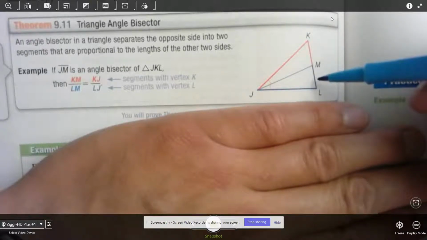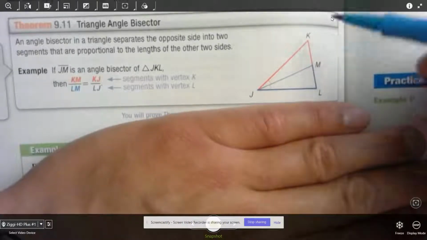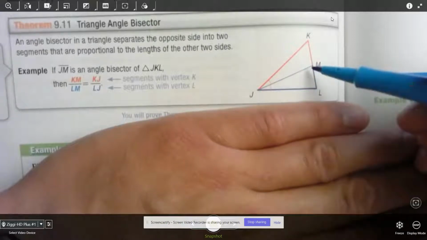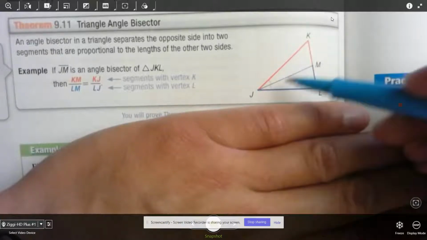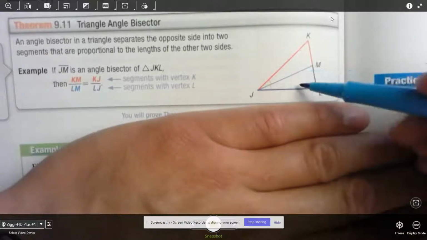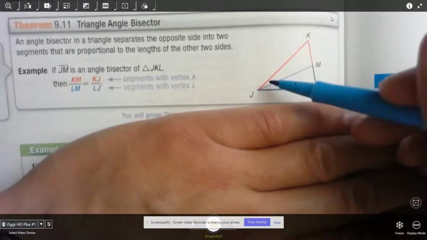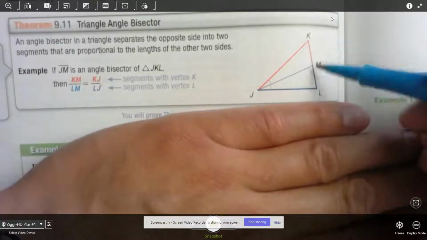And what's funny is that on the other side of this angle bisector, the segment that is, I guess, vertical to JM, JK, can also make a ratio comparable to the other side that is on the bottom vertically of JM, JL. In fact, if you compare the ratios JK to JL, it would be proportionate to the ratio of KM to LM.